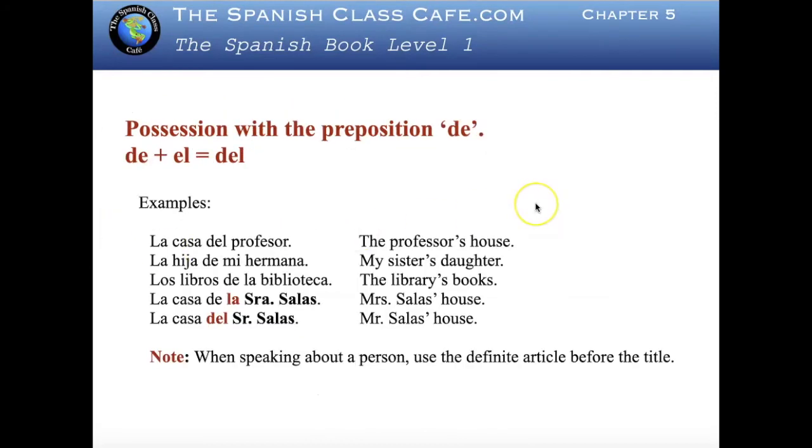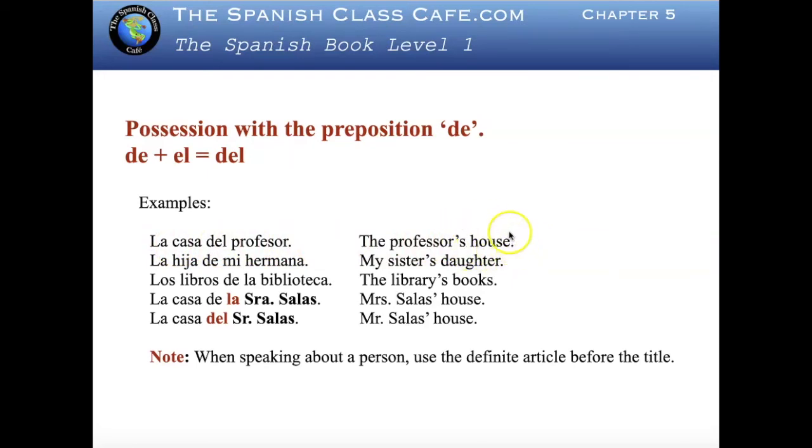The other way to make possession in Spanish is the preposition de. Like I told you before, sometimes called possessive de. Now notice that de plus el becomes del. It contracts. Okay, then we have la casa del profesor, the professor's house. This is how it works.